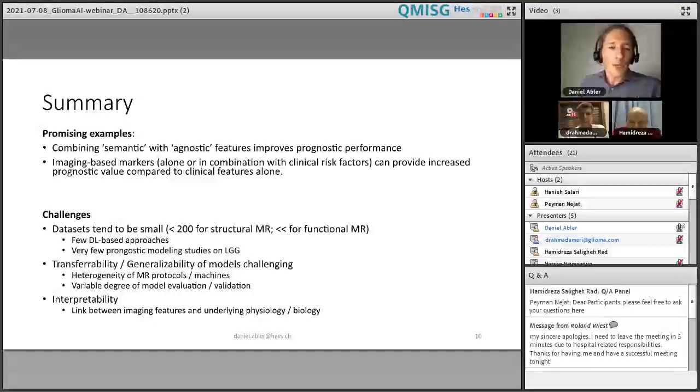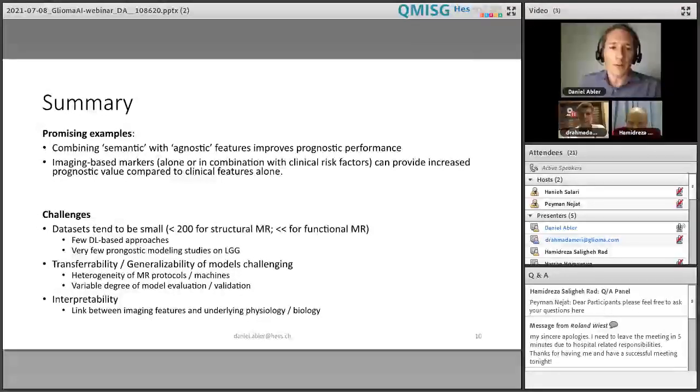So as a summary, I gave some promising examples that show that combining semantic and agnostic features improves the prognostic performance of those models. And also the combined performance of imaging features and clinical features appears to outperform the performance of clinical features alone in those models. However, there are many challenges here.